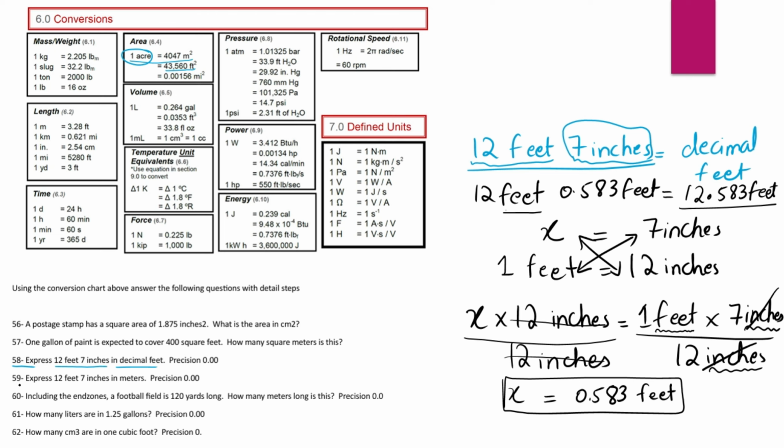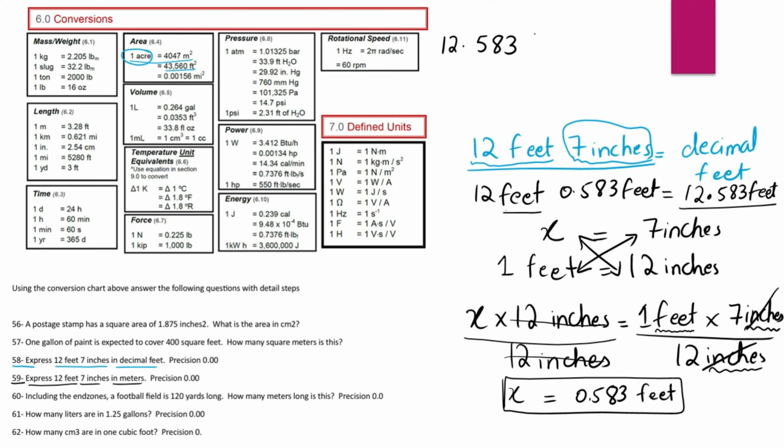Let's read the next question, which is 59. Express 12 feet 7 inches in meters. We already know that 12 feet 7 inches equals 12.583 feet, right?